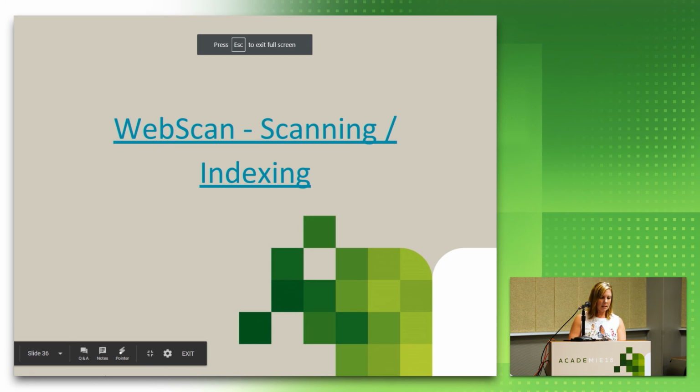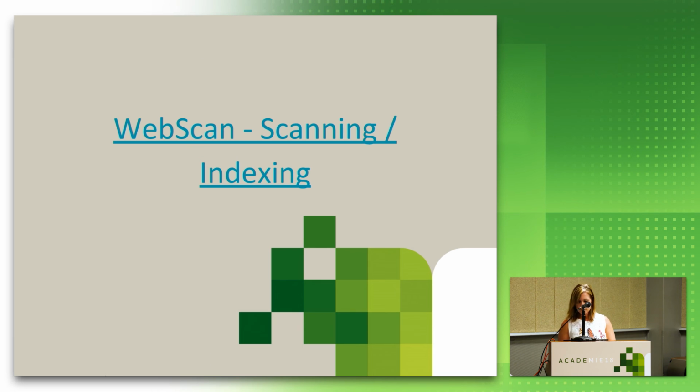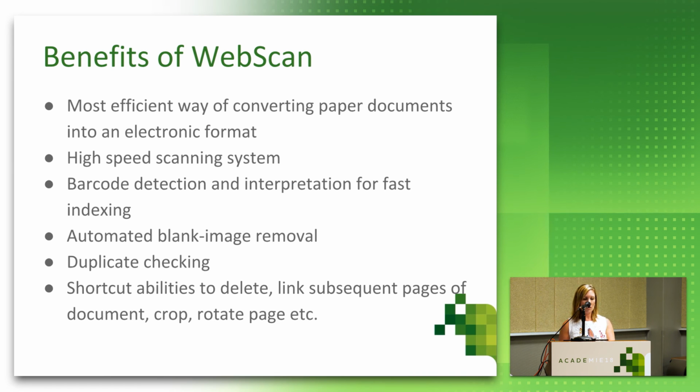The web scanning and indexing, there are a lot of benefits to our web scan module. It's the most efficient way of converting your paper documents into the electronic format for the system. We support high-speed scanning. We have barcode detection and interpretation for fast indexing, which saves the indexer a lot of time.